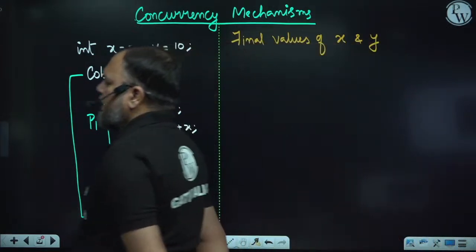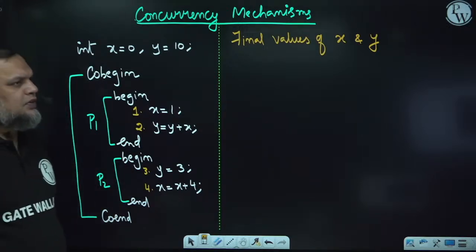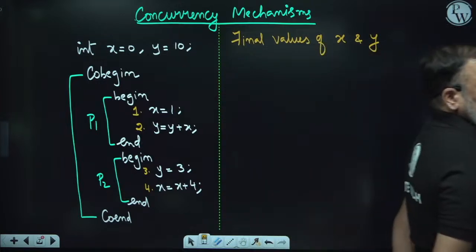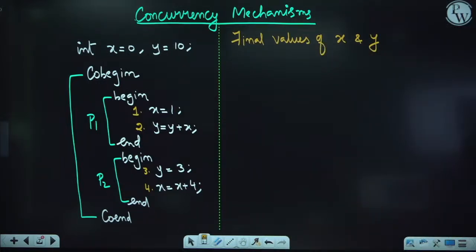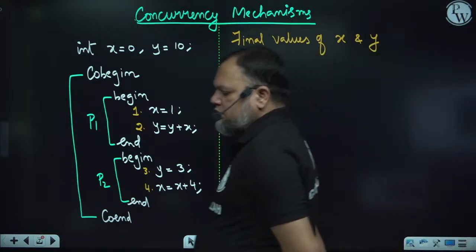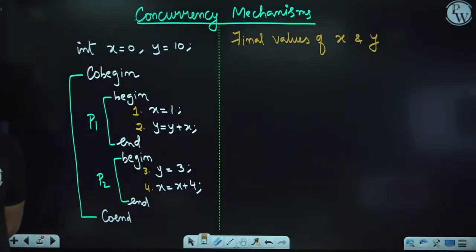Saksham, please try. There is nothing confusing here, it is a very simple concept. I will solve this problem, but you try first. Such problems have come in previous year questions several times, so make sure you understand this as well.